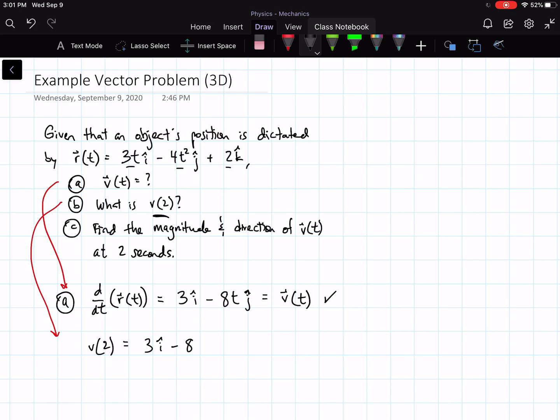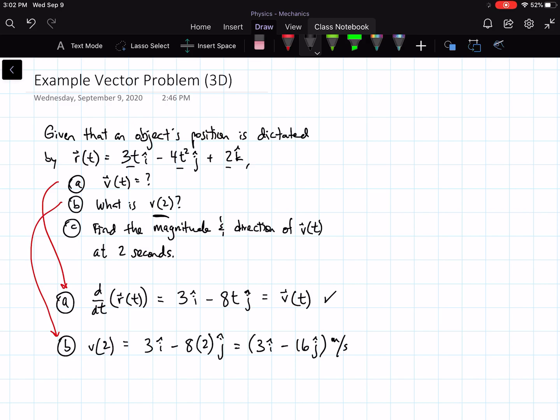And then we evaluate the y component to be that. And that leaves us with negative 16 meters per second in the negative y direction, right? So if we wanted to make the units clear here, we could say meters per second like that. But we'll generally be working in standard units. All right, so that's A and B out of the way, nice and quick.